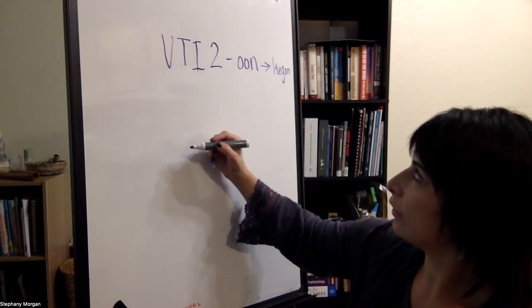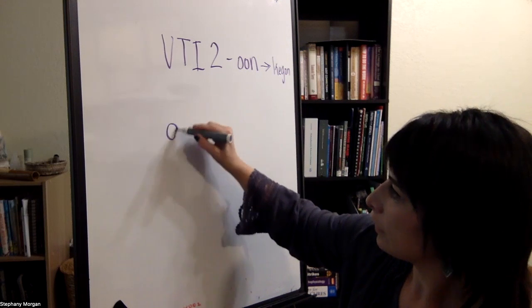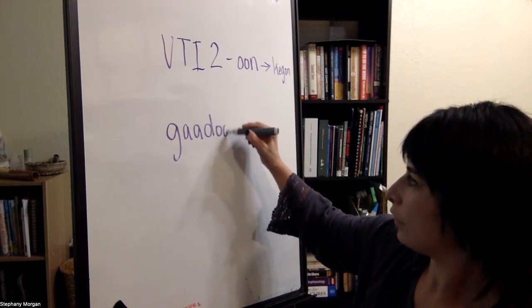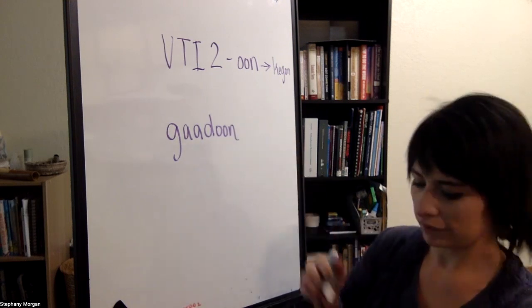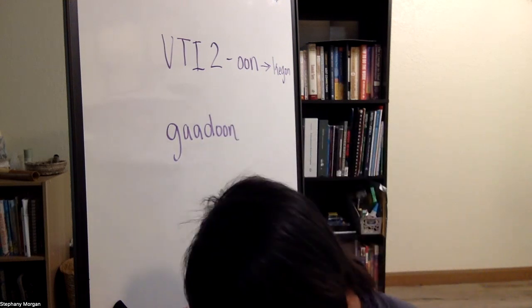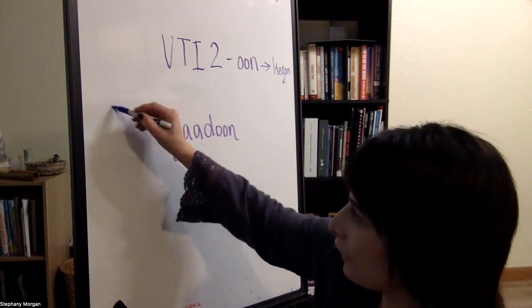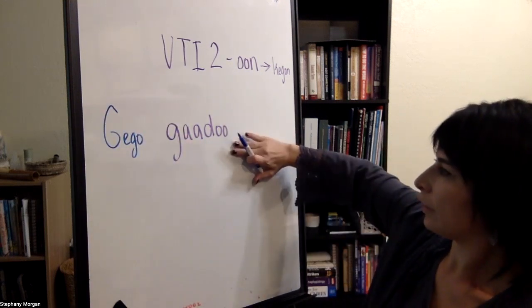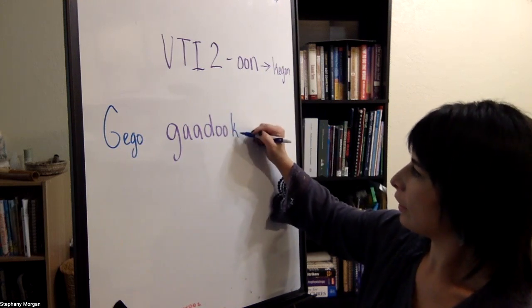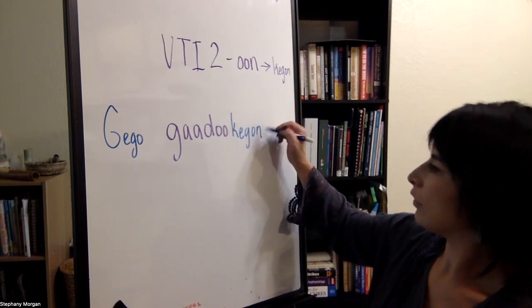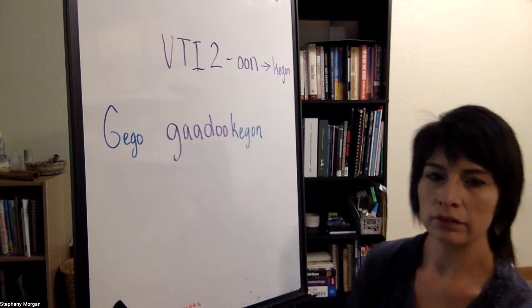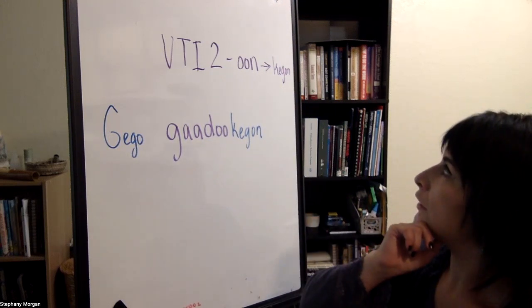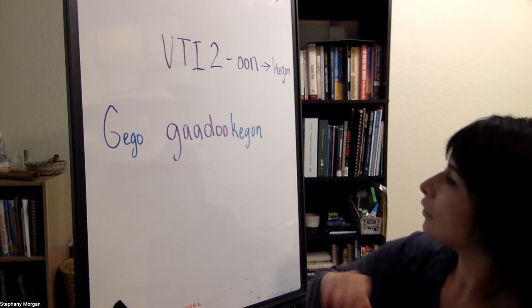So let's see. We'll use gadu to hide it. You're telling them, don't hide it, you know. So you say, kego, gadu, the end falls off, you get kegon. Kego, gadu, kegon. Don't hide it. Kego, gadu, kegon.